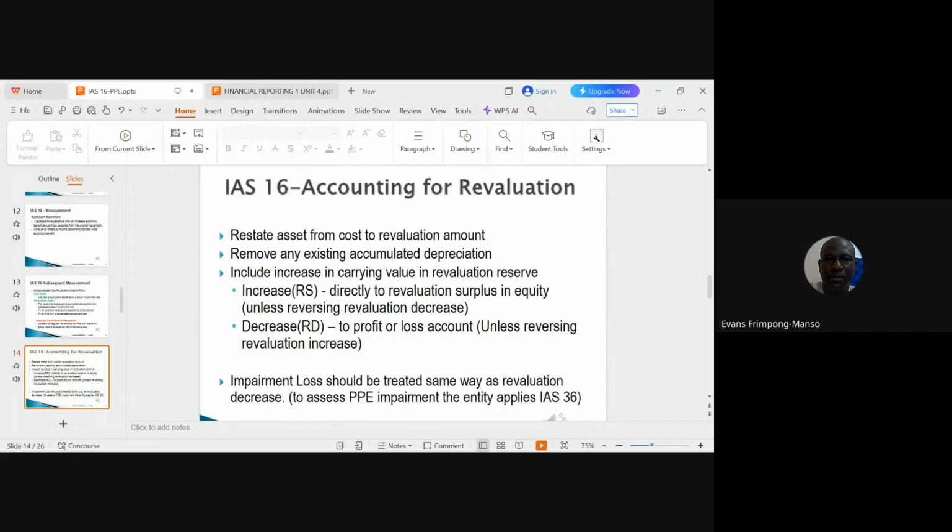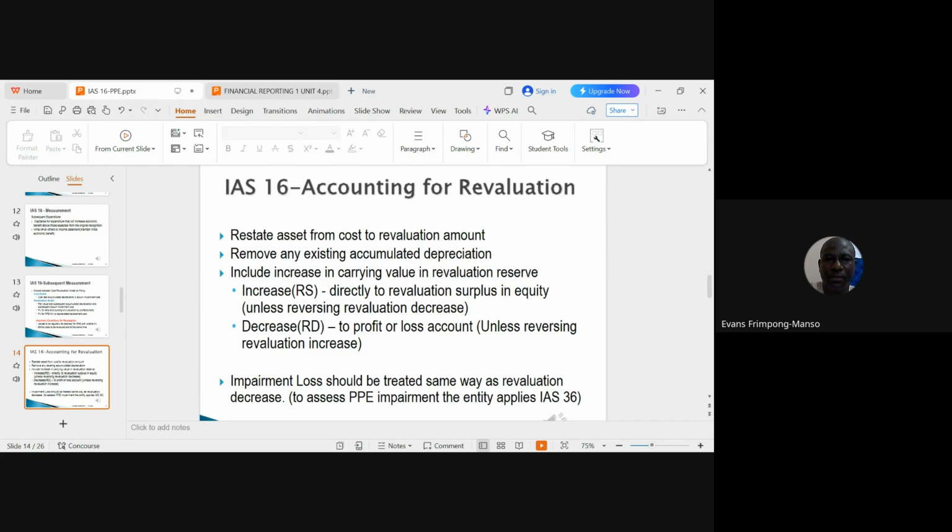When you give a new value to the asset, other than the value that is shown on the financial statement, then we say that the asset has been revalued. And this revaluation can be more than the original value or can be less than the original value.